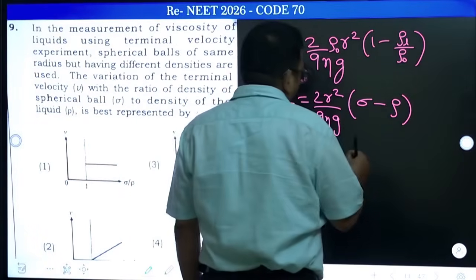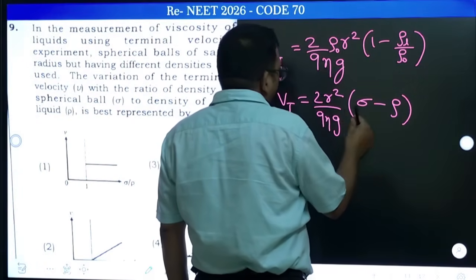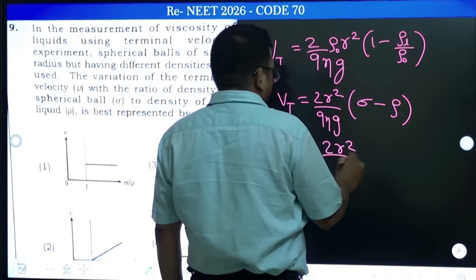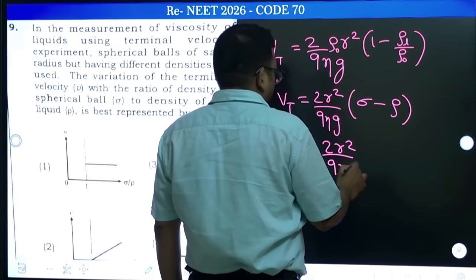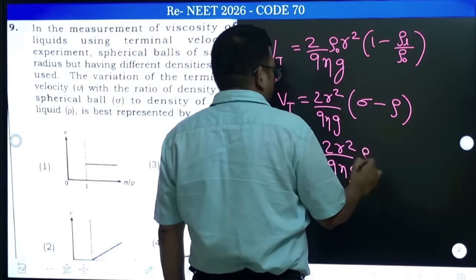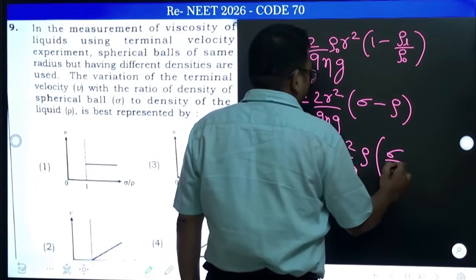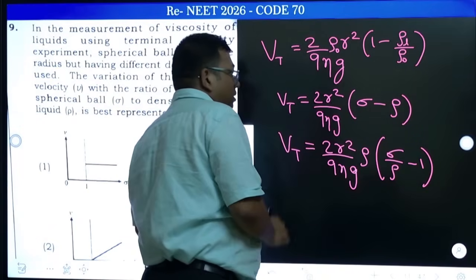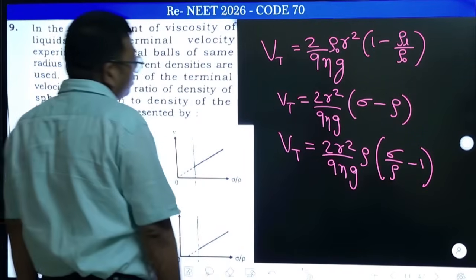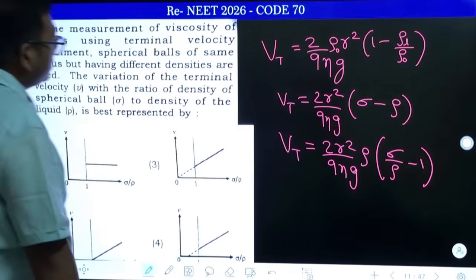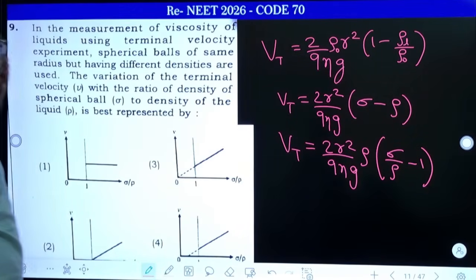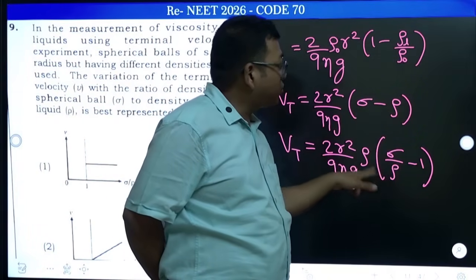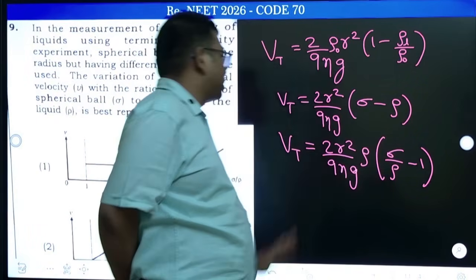Let's take rho common then. So 2r square rho by 9 eta g. If I take this common, then it will be sigma by rho minus 1, right? Because the ball density is changing, this ratio will be changing. This is going to be constant.